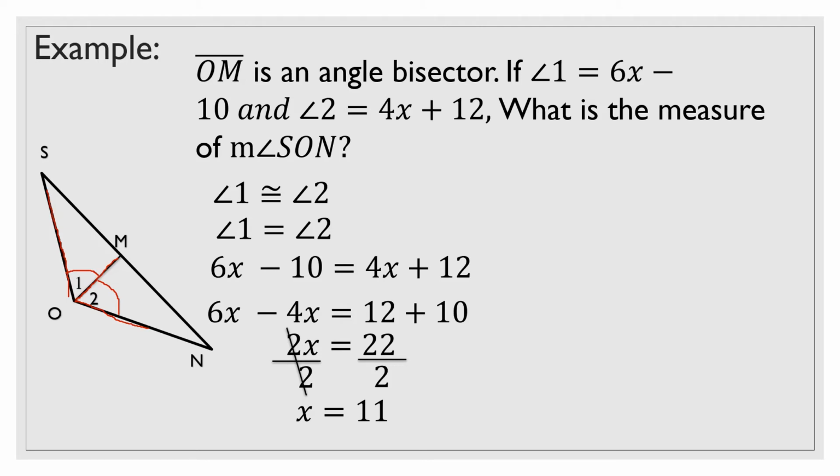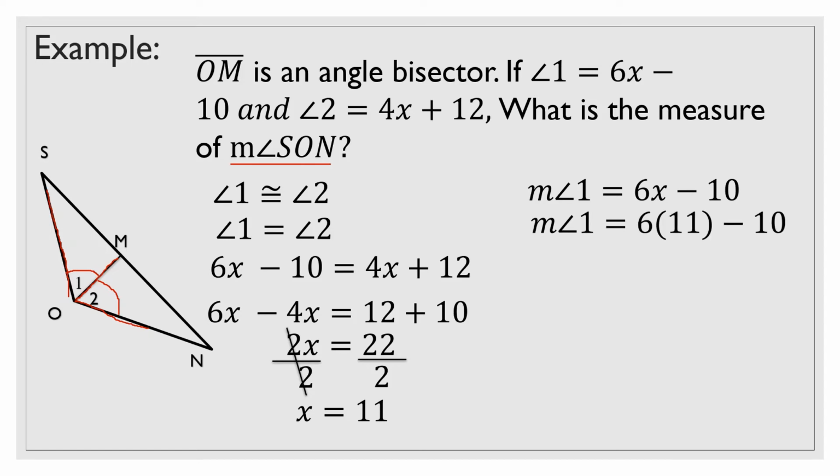So, since OM is an angle bisector, yung SON ay nahati sa dalawang angles, yung angle 1 and angle 2. Hanapin muna natin ang measurement ng angle 1 and angle 2 bago natin ma-solve yung measurement ng angle SON. So if x is equal to 11, let's have the measure of angle 1. Substituting the value of x, angle 1 is equal to 6 times 11 minus 10, which is 56.